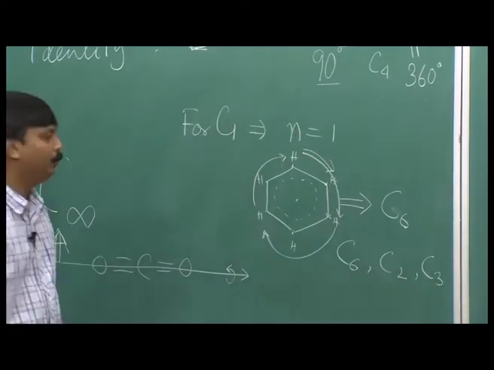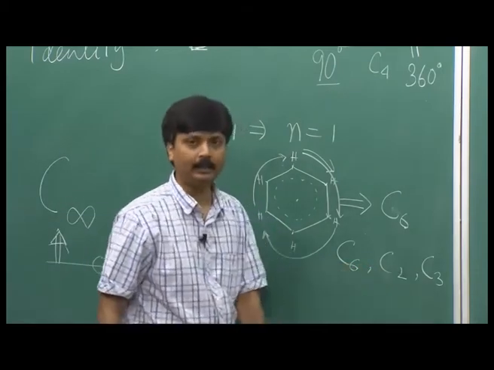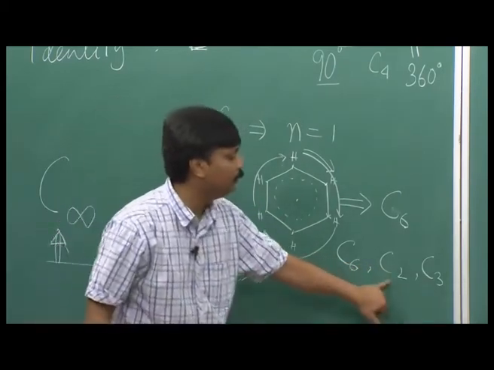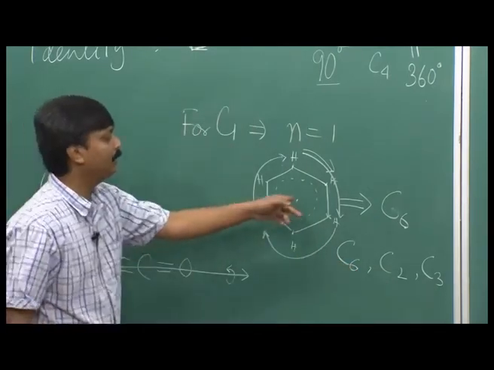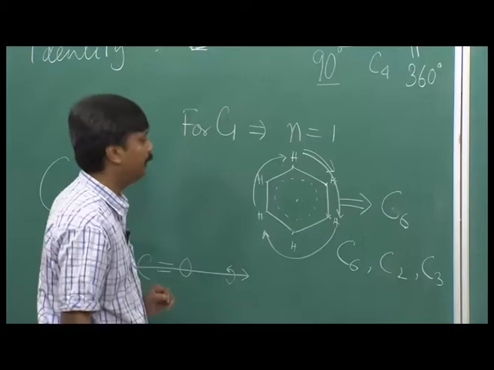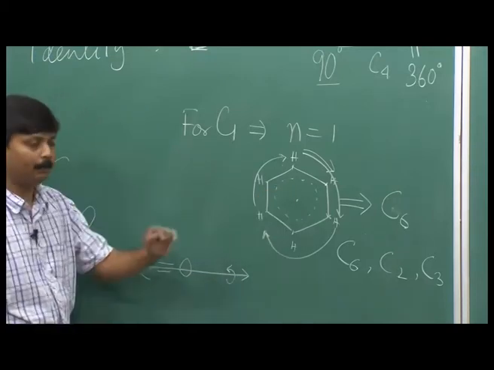So, thereby you have a C3 axis. So, all these C6, C2, C3 coincide on each other. They are about the same physical axis, if you can imagine one here.